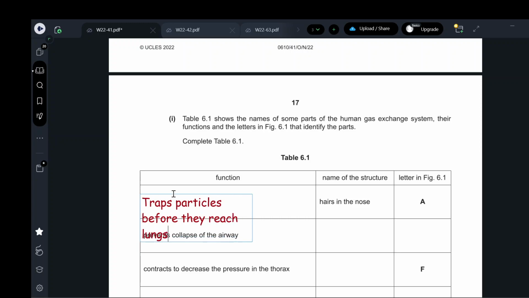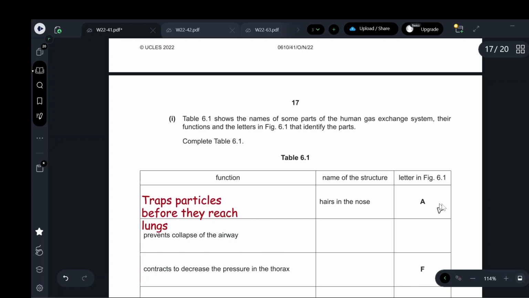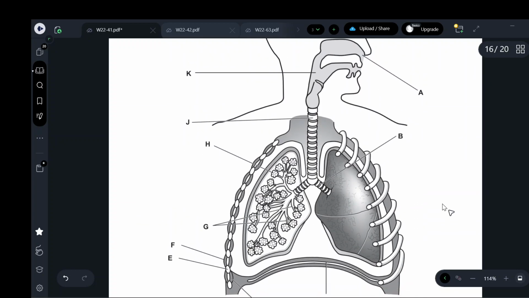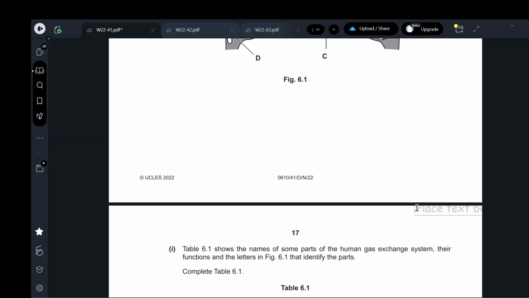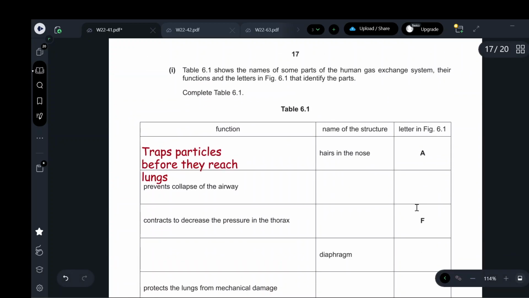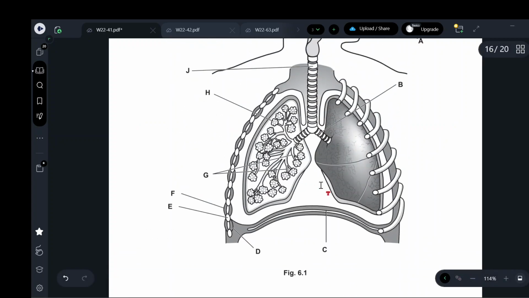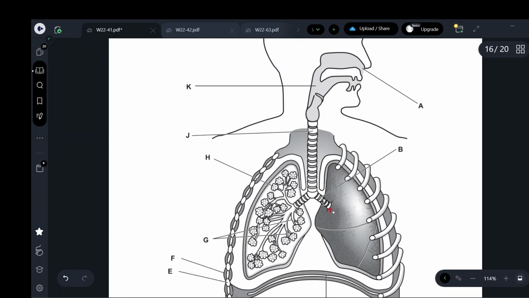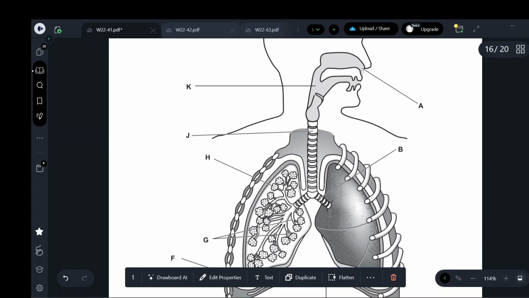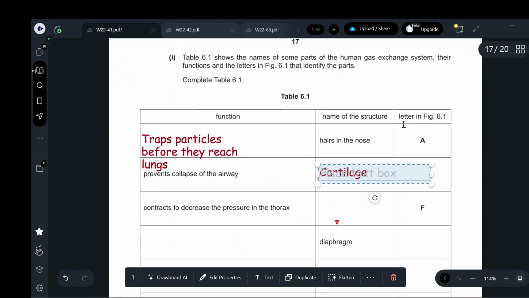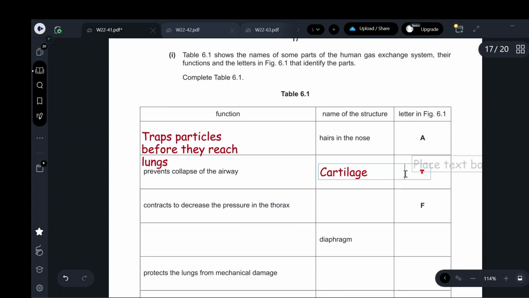The second question was, what prevents the collapse of the airways? I do not want the airway to close. The cartilage prevents collapse. Cartilage around the trachea and around the bronchus. You can either write J or B. J or B, it was also accepted because there is cartilage around the bronchus.